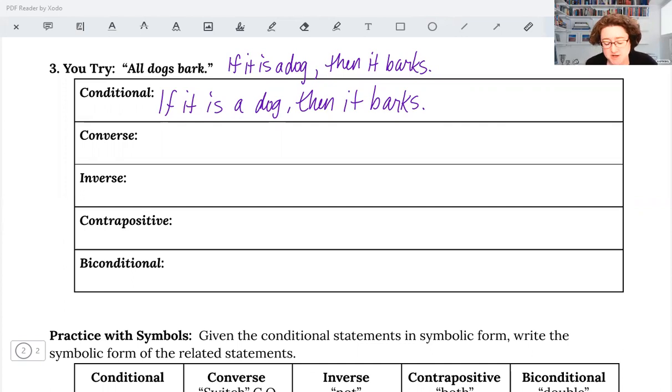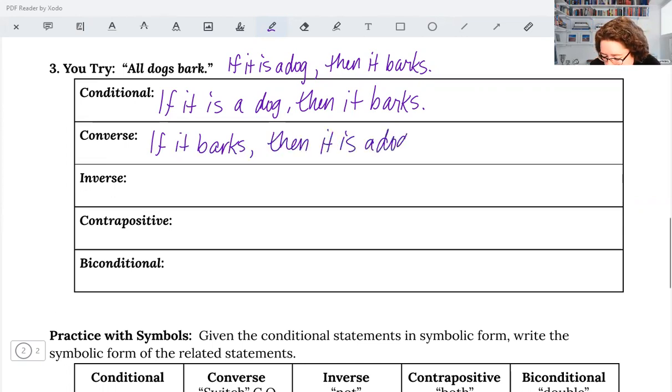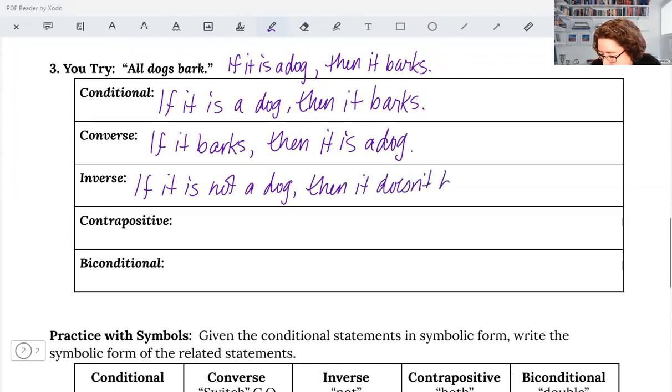Okay, real quick, let's check your work on these. So converse, switch your order. So if it barks, then it is a dog. Okay, inverse, throw nots in front of it. If it is not a dog, then it doesn't bark.